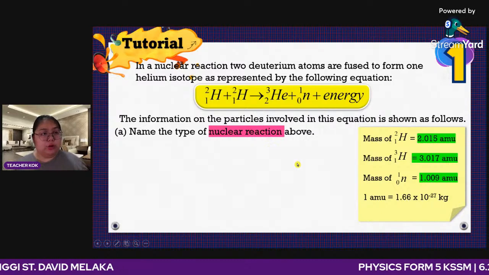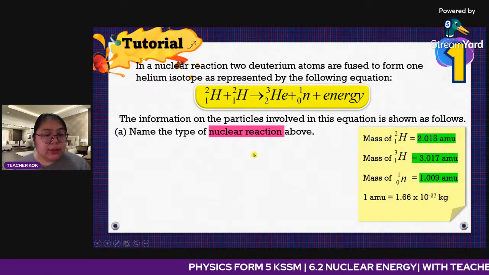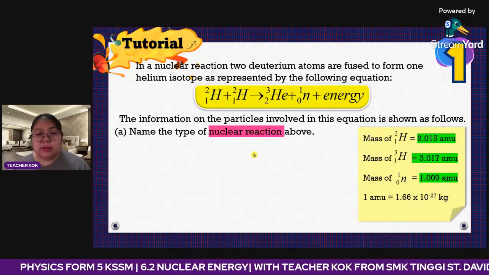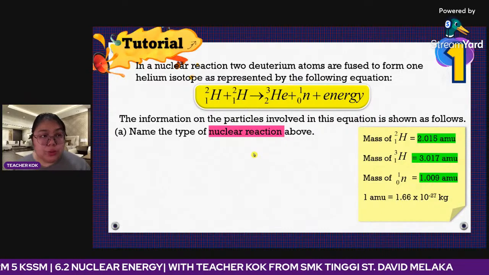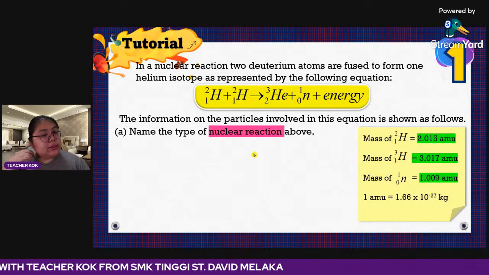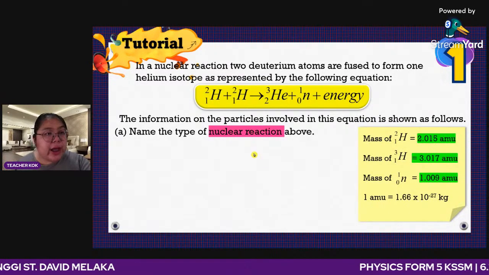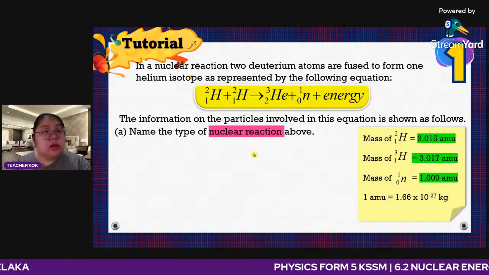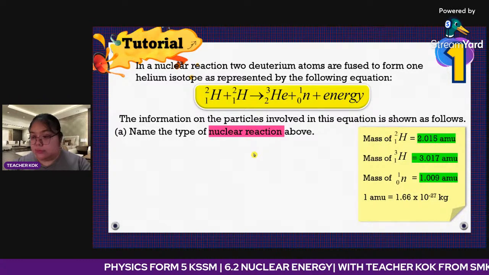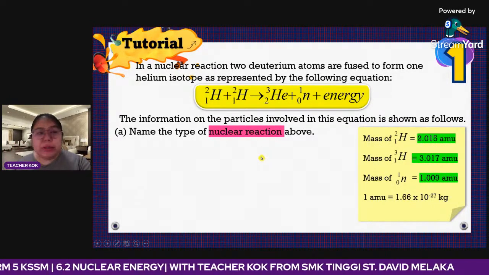What nuclear reaction is this? Anybody can answer me? For nuclear reactions, we only have two. From here, you can see the smaller becomes bigger, so what nuclear reaction is this? You can type in the chat box. Just a simple question.